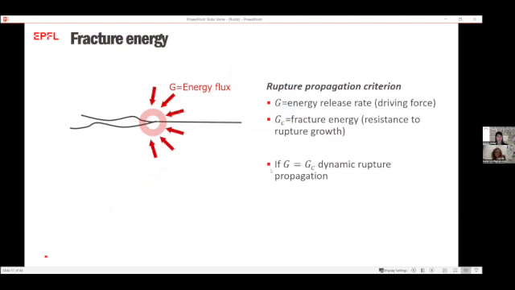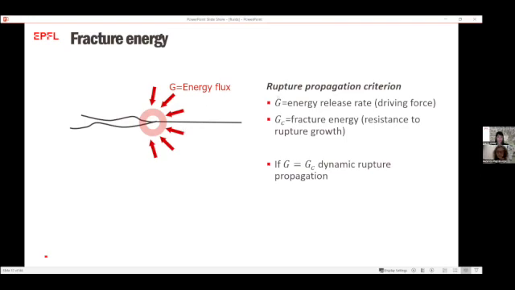Now, the third property of the ruptures that we observed was fracture energy. So we know that fracture energy is a very important quantity to describe dynamic ruptures, because it can control the rupture nucleation, as you saw just now in the equation before, the rupture propagation and the rupture arrest.